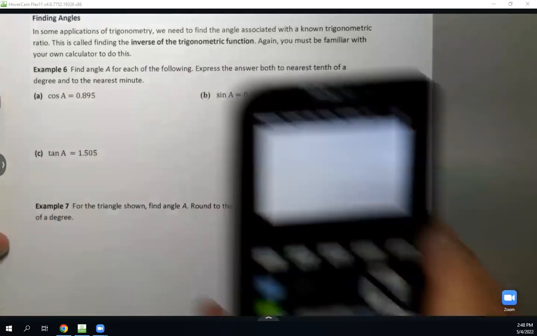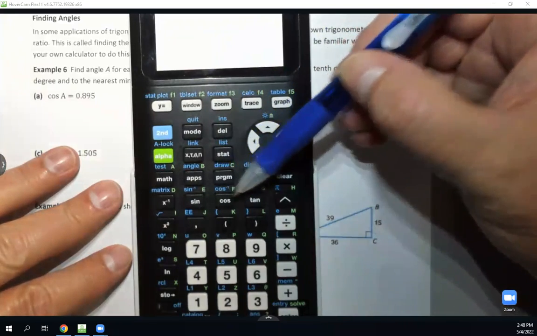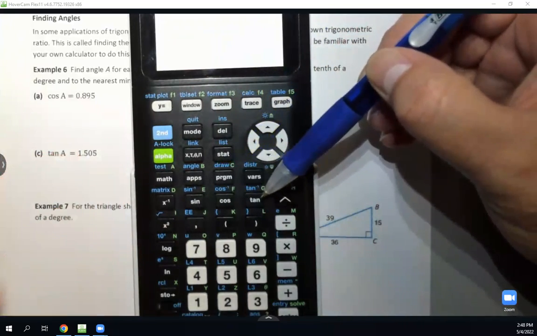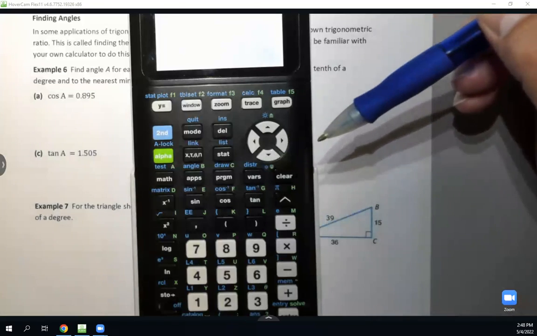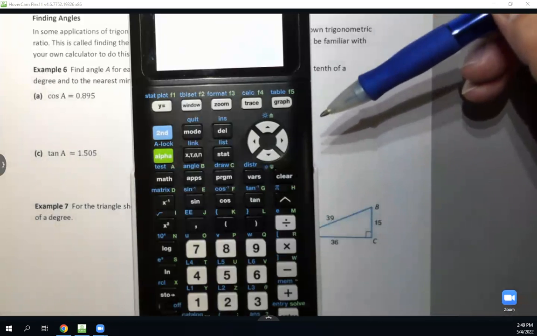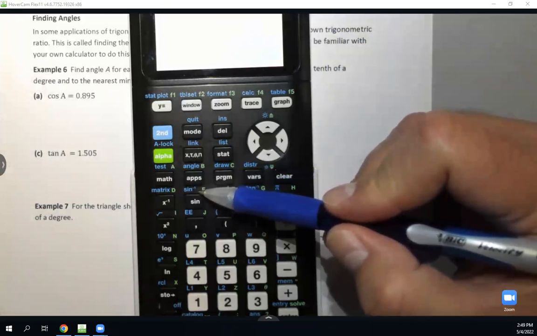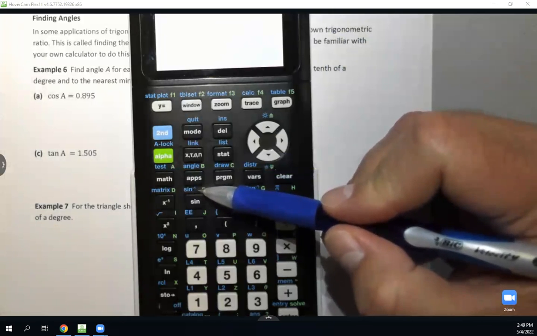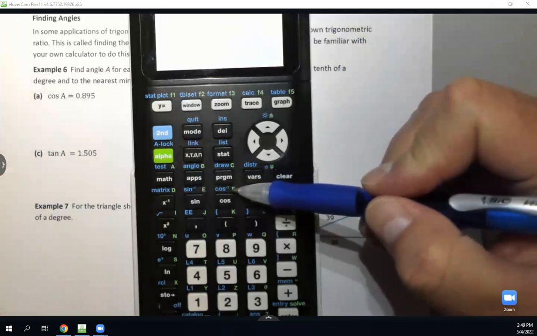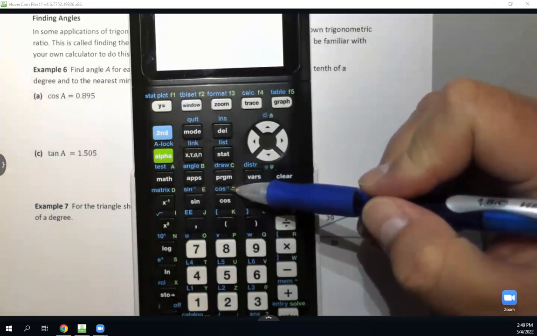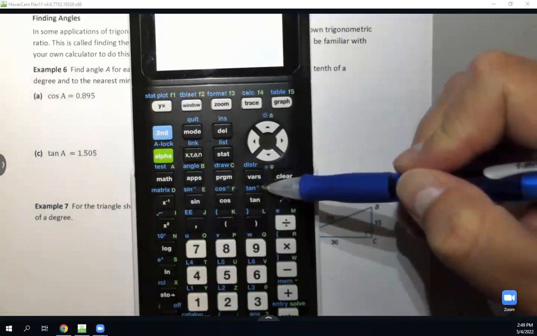If you look at the sine, the cosine, and the tangent buttons, those buttons are used to find the sine or the cosine or the tangent of an angle. If you look at the second of those buttons, you see sine with the little -1 up there. That's called the inverse sine. And the second of the cosine button is cosine with the little -1 up there. That's the inverse cosine, and the inverse tangent.